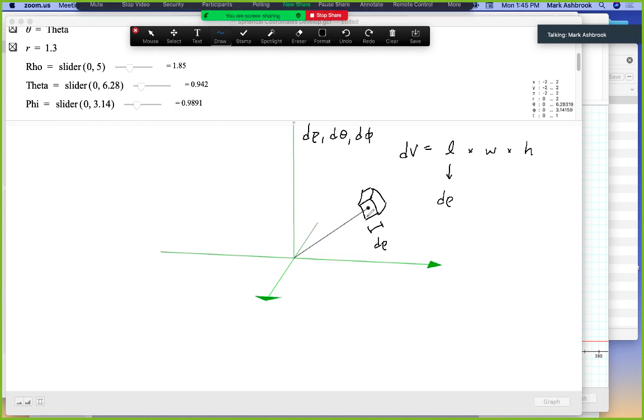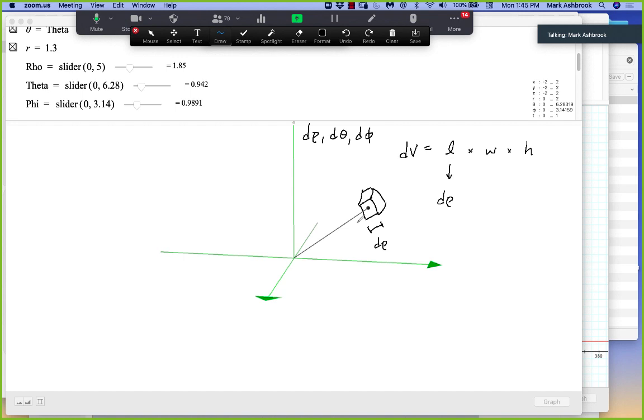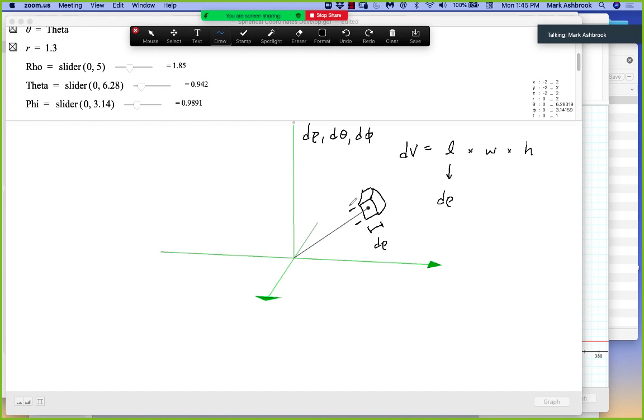What about this right here? Is this d theta or d phi? D phi, right? It's a little variation in sweeping down from the axis. And we know this distance is rho, so what is that little dimension there as a length?